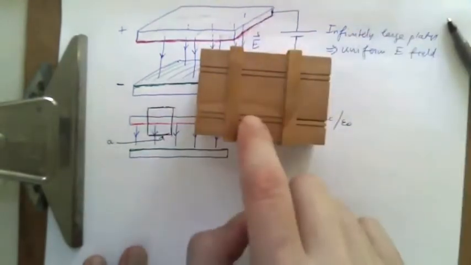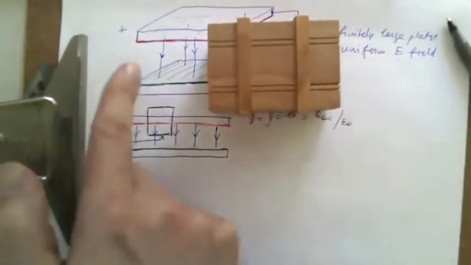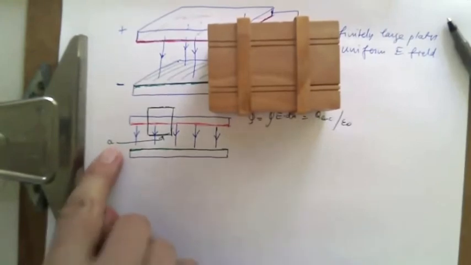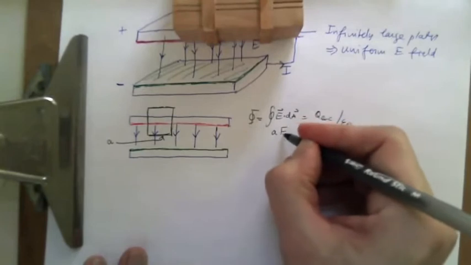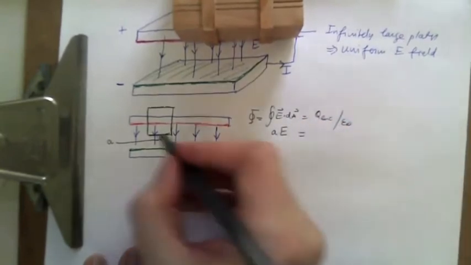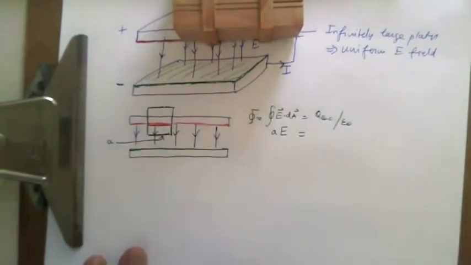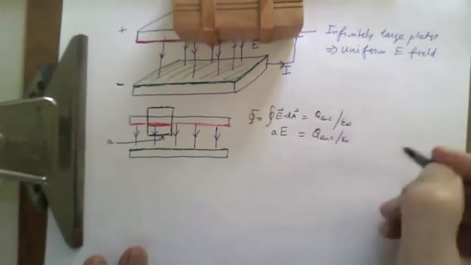This one does not contribute, the one in the back doesn't contribute, this one, etc. So only this one. So the flux is just going to be E times A on the left-hand side. And Q enclosed is going to be whatever Q is sitting in this box.